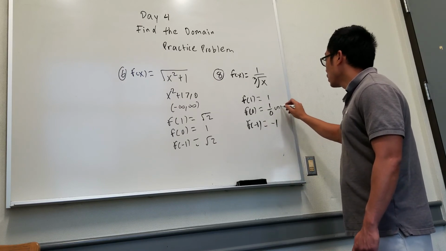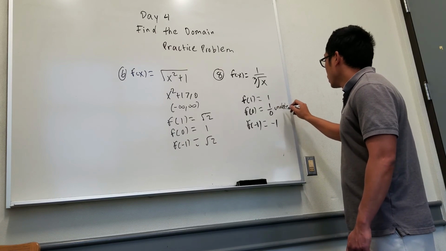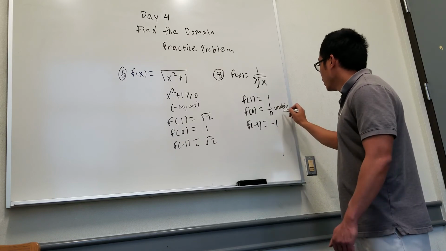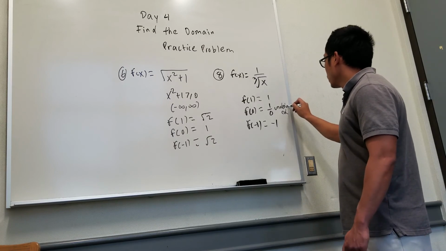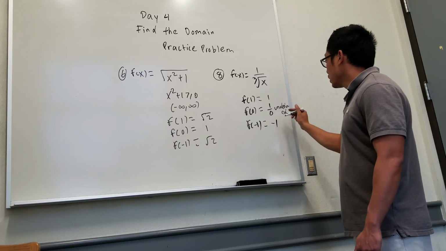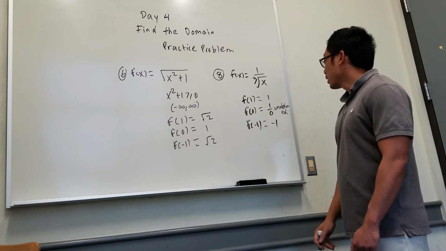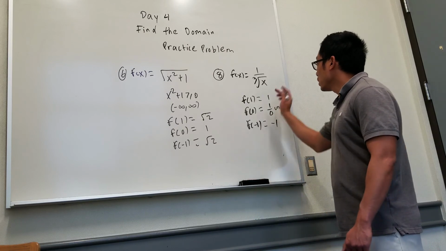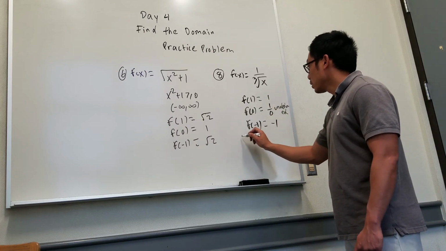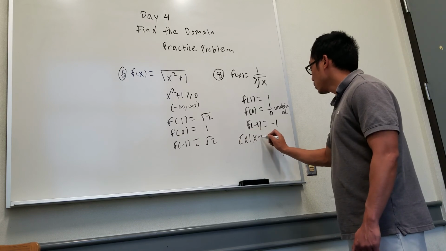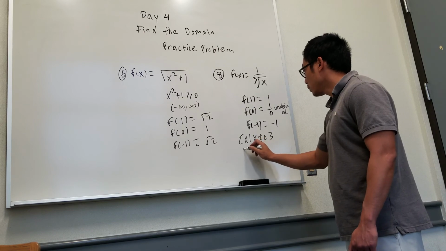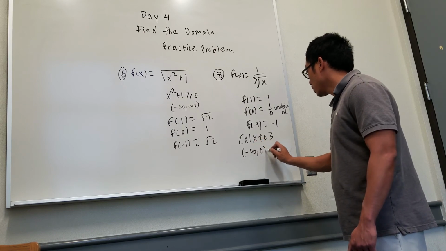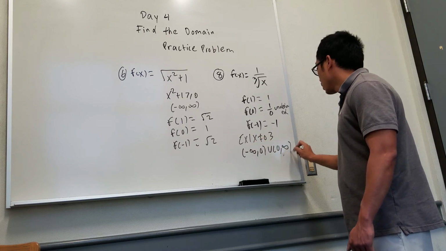This is undefined, okay? So in this case, the domain of this is, instead of all x, x cannot equal 0. This is set notation. If you want to write interval notation, it would be something like this. That's it.